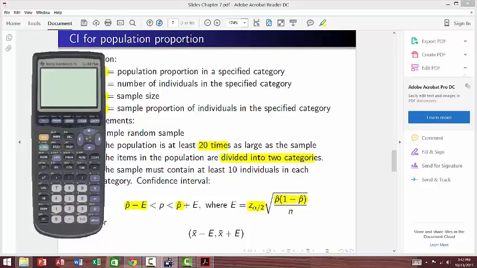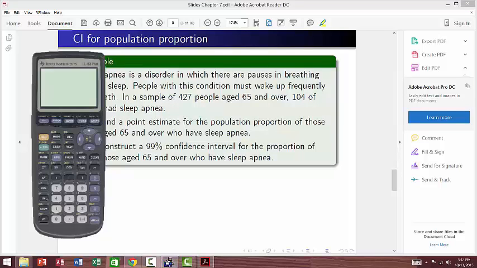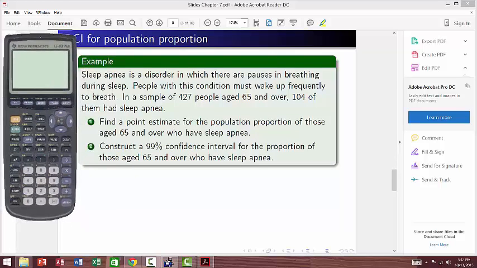Okay, so let's go ahead and take a look at this problem here. What do we have? We have a sleep apnea problem. Sleep apnea is a disorder in which there are pauses in breathing during sleep, and people with this condition must wake up frequently to breathe.